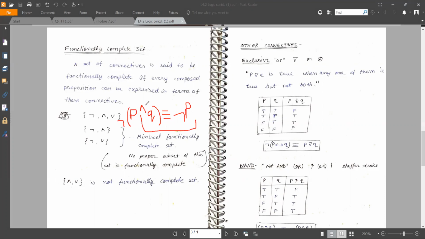Here we have conjunction, on the other hand disjunction, and then the individual negation of the second operand.